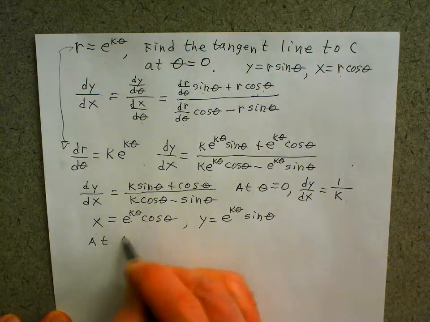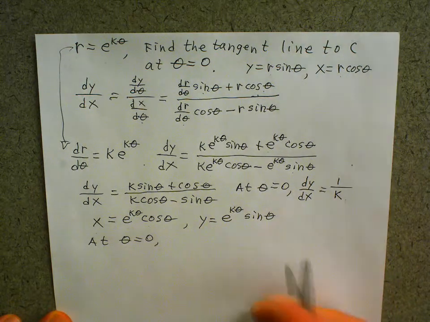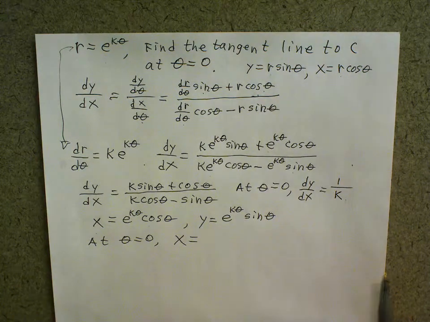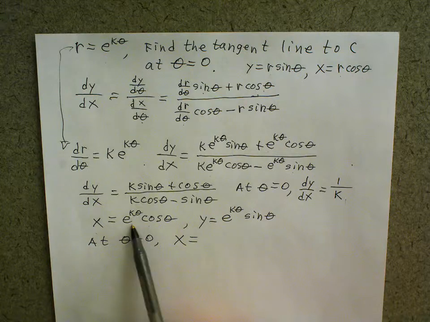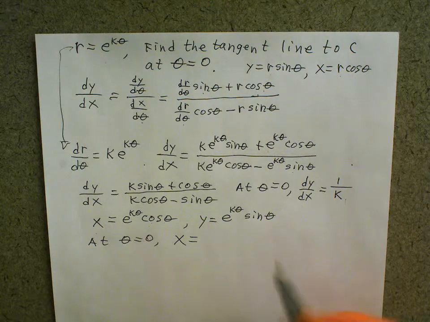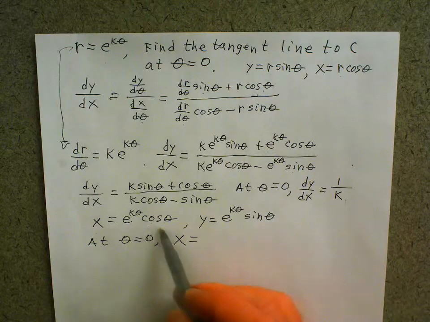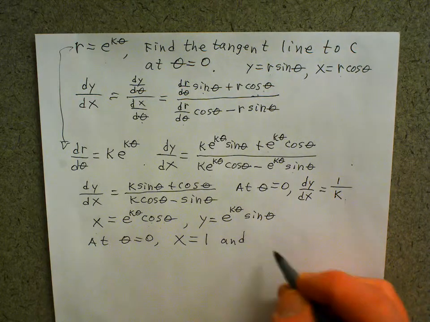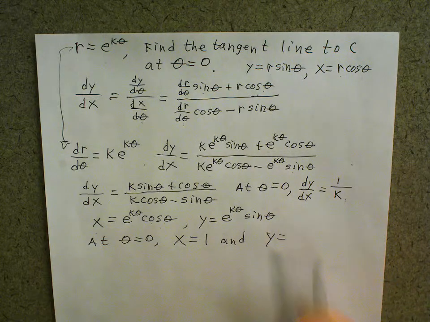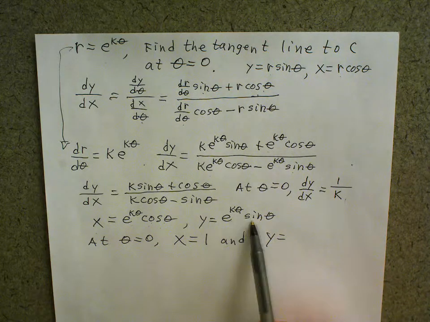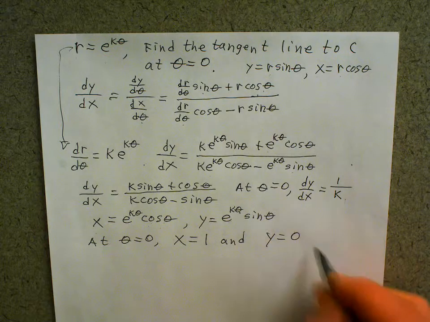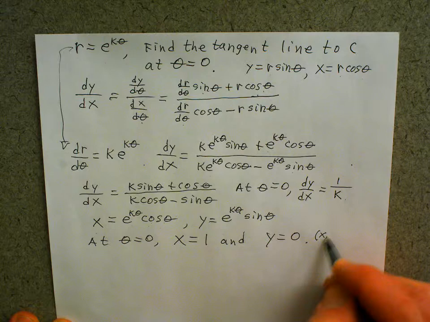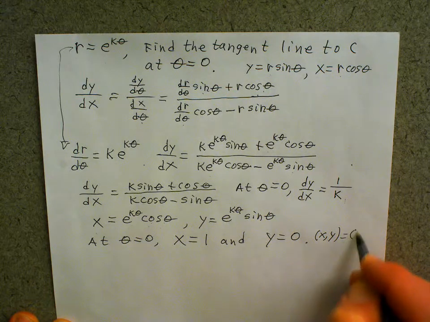So at theta equals 0, the x coordinate is e to the 0 times cosine of 0, 1 times 1 is 1. And the y coordinate, when theta is 0, e to the 0 times sine of 0 is 0. So the ordered pair xy is 1, 0.